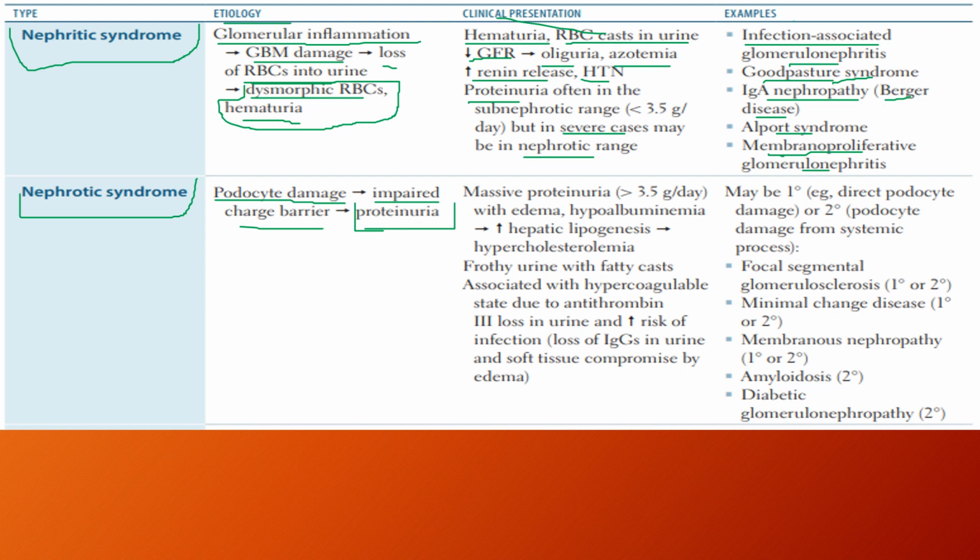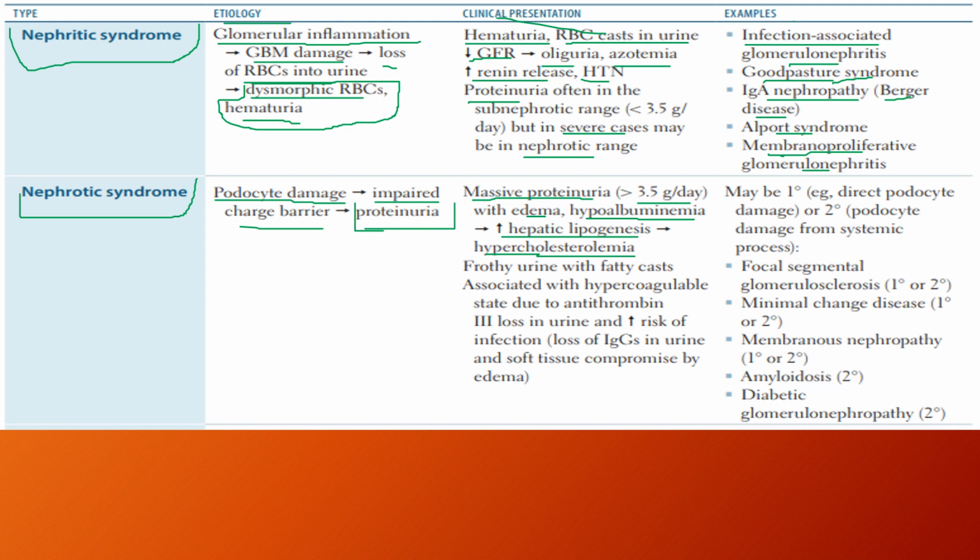Clinical presentations: massive proteinuria greater than 3.5 grams per day with edema, hypoalbuminemia, which leads to increased hepatic lipogenesis, which leads to hypercholesterolemia.